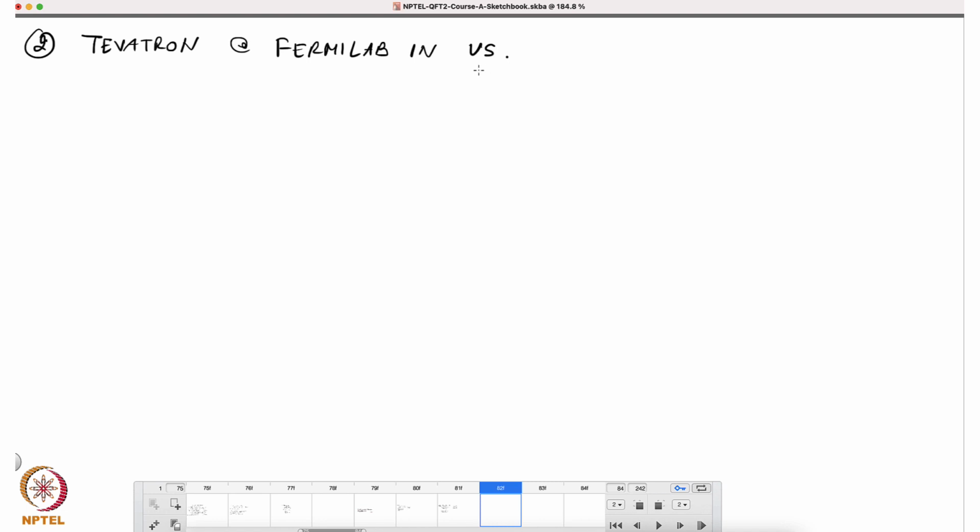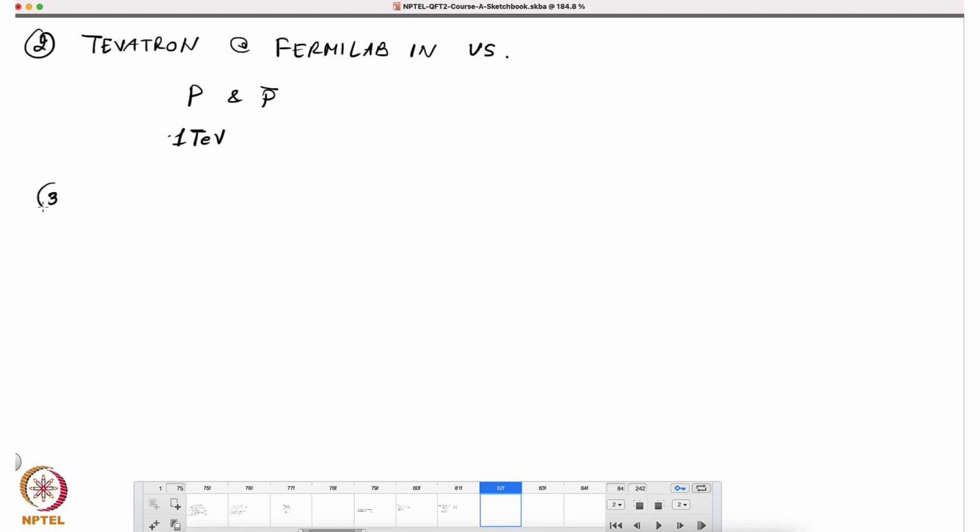Okay. And this machine collided protons and antiprotons. And this machine was the second highest energy collider which was ever built, and the center of mass energy was up to 1 TeV, tera electron volt.